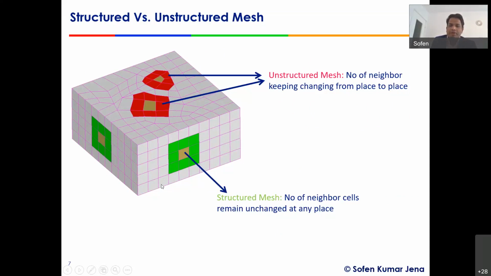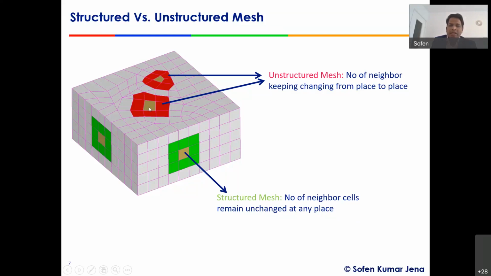Here at the boundary the number of neighbors is 1 2 3. Any other element has 1 2 3 4, and if they remain the same, this is called a structured mesh. But if the number of neighbors keeps on changing, that is called an unstructured mesh. This is the basic terminology.